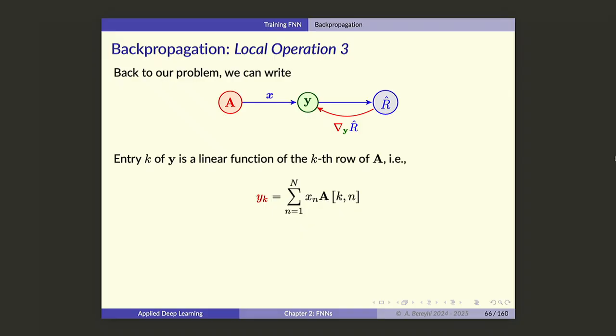Let's say that I have this: y equals A times x. Now what I want to compute is the derivative of y with respect to A, so dy with respect to dA. If everything is a scalar, what should that be? It's going to be x, right?